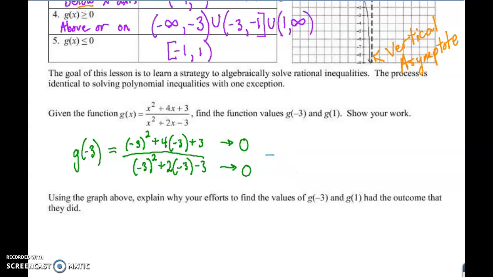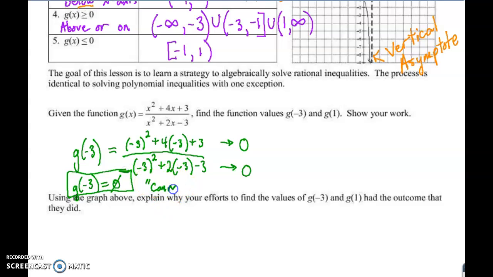So let me undo that. So right now, all we can say is this is indeterminate. Now we can definitely say g of -3 is undefined. Undefined because we can't determine what the actual value is. I hope that makes sense. Let me write that out.